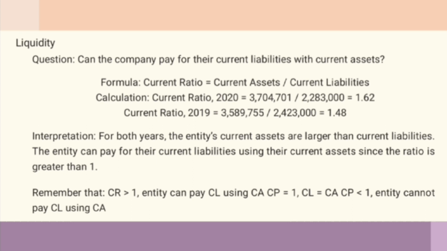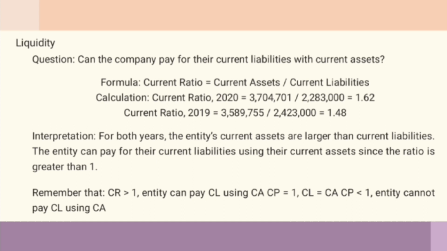So, yan yung gusto natin mangyari. Mas malaki ang current asset kaysa sa current liability. Now, if your current ratio is equal to 1, then your current assets are equal to the current liabilities. But, if your current ratio is less than 1, then the entity cannot pay their current liabilities using current assets.